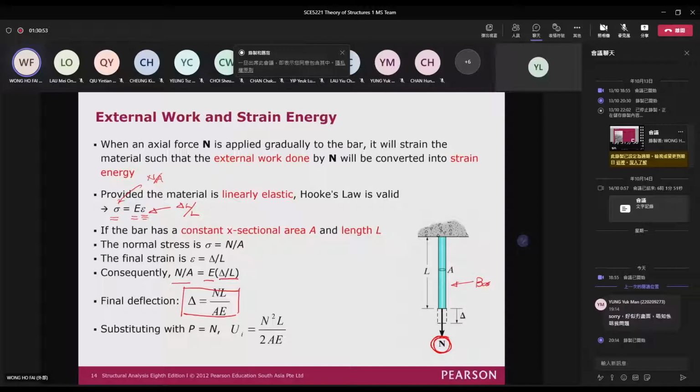The internal work is half times N times delta. With delta equal to NL over EA, the internal strain energy stored inside the structure is N squared L over 2EA. So this is the internal strain energy stored in the structure.